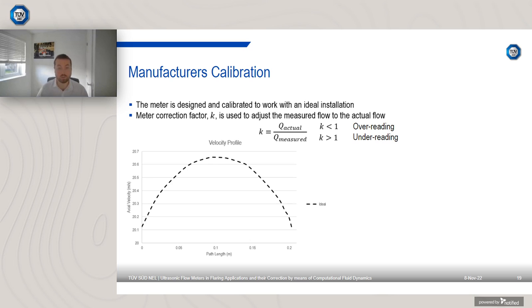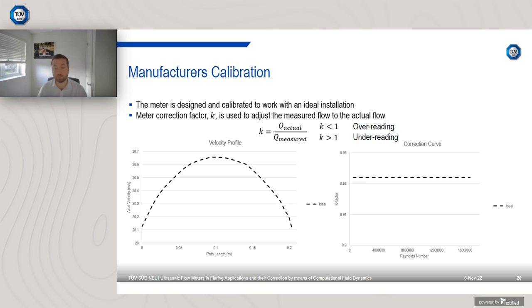So if your K factor is less than 1, your meter is overreading. If your K factor is greater than 1, your meter is underreading. They can then plot this K factor, creating a correction curve, and usually manufacturers would supply operators with a single K factor.